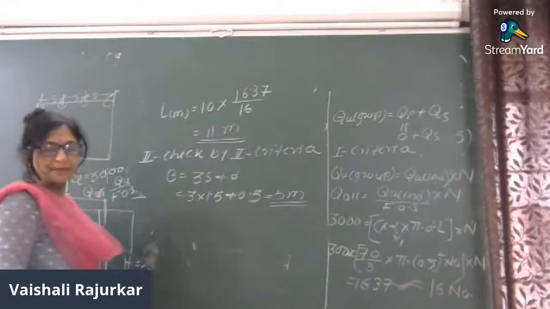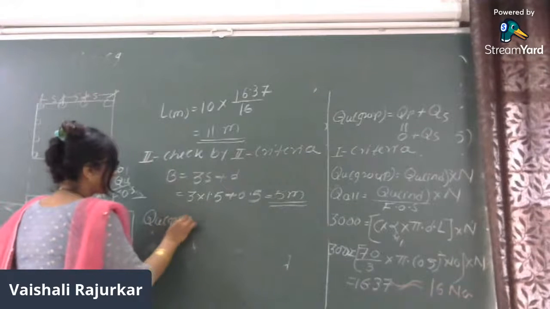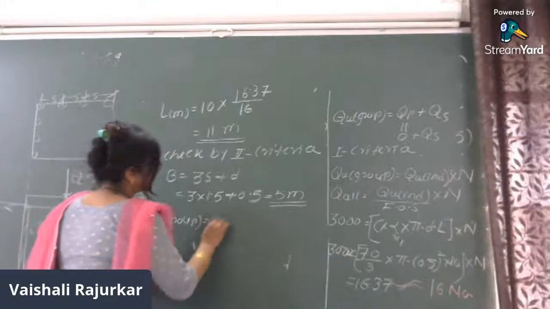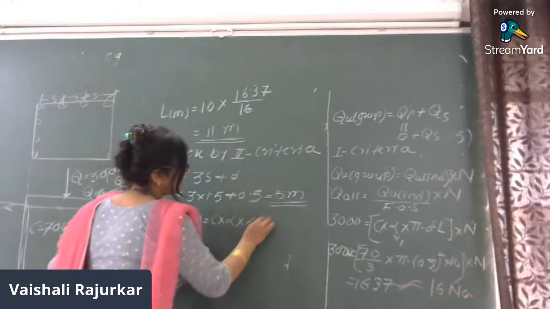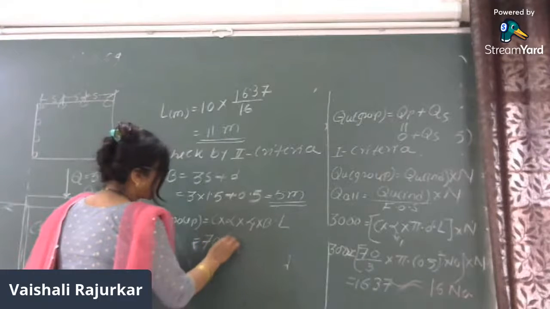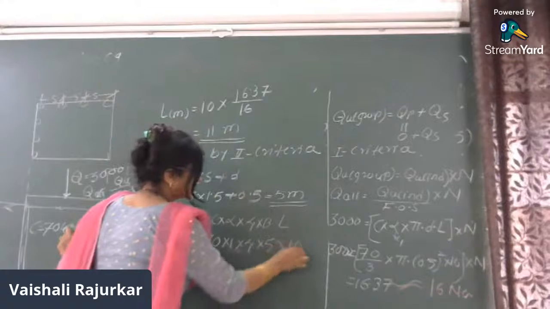It is found to be 5 meters. So what is Q group then? Q group is equal to C into alpha into 4B and N. So here this is 70 into 1 into 4 into 5 into 10.